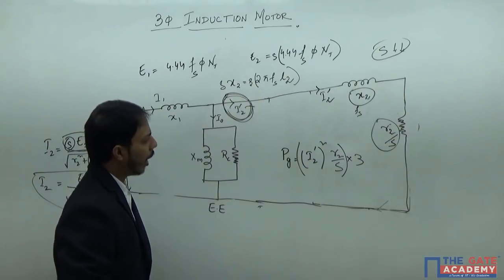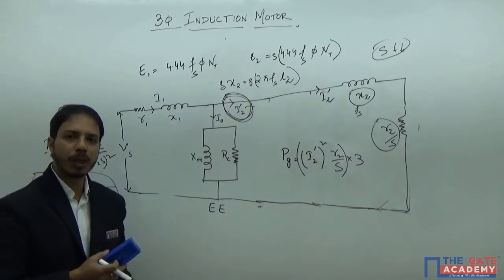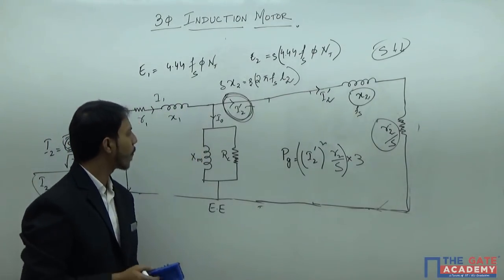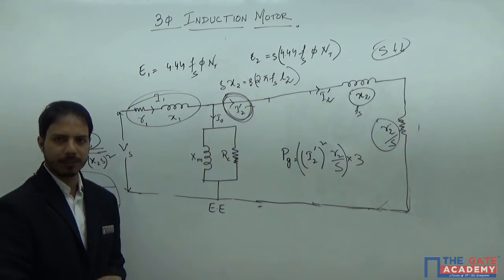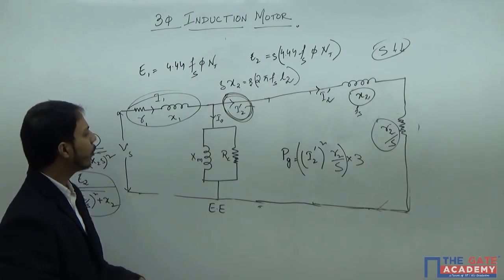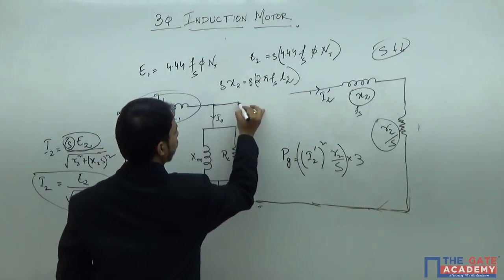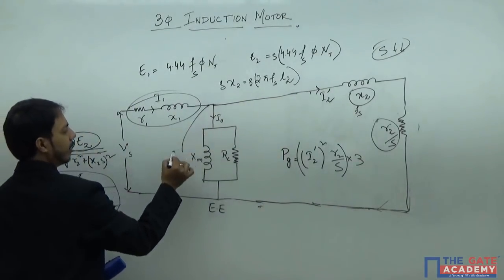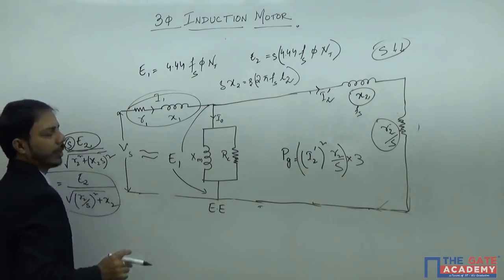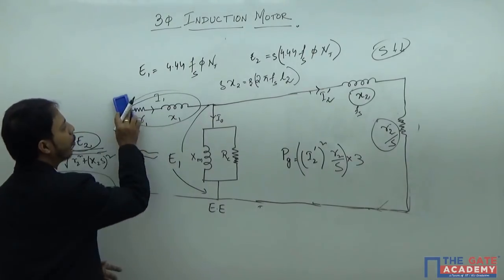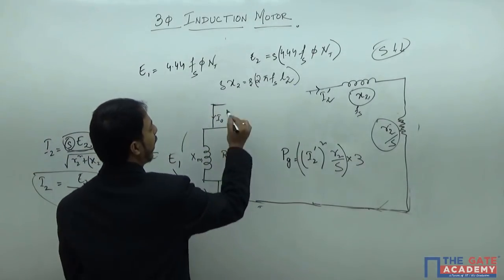Now, up to here it's fine. Everything is fine. Now you see we can take better approximations also. That is, the voltage drop here can also be neglected. And what we can say is, this E1 is almost equal to Vs. So instead of writing them here, we can write them here also.